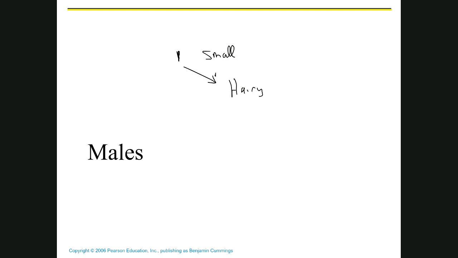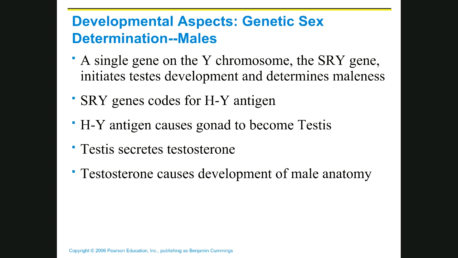When I talk about hairy ears, I'm talking about really hairy ears. But that has nothing to do with it. But there's another gene on here that's just called this SRY gene. And this SRY gene is what's important and is what's going to determine maleness.